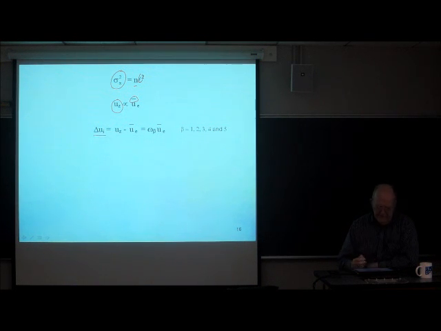So the difference in velocity of a molecule at some point z relative to the average, since this is proportional to the average and this is the average, is going to be some proportionality constant, omega.